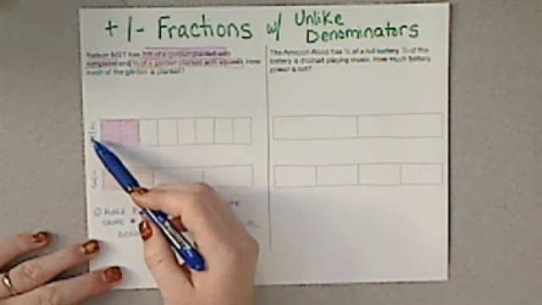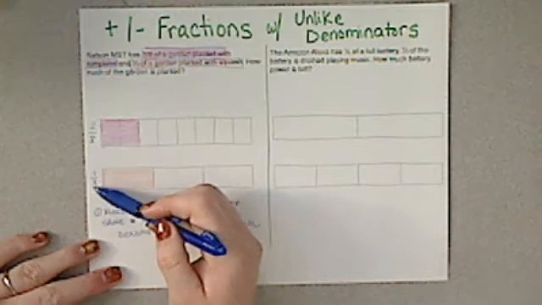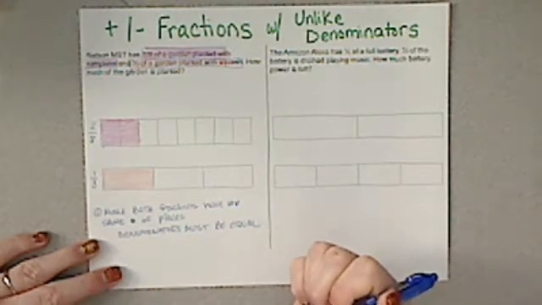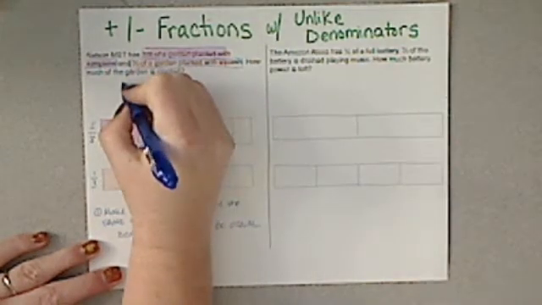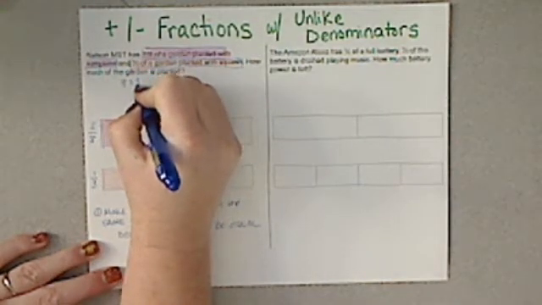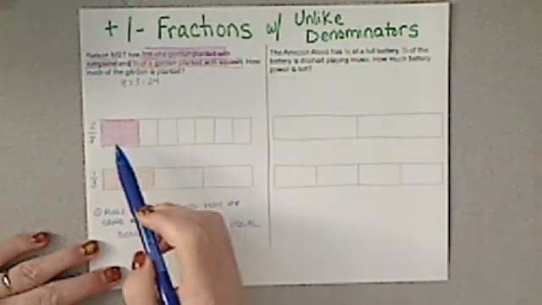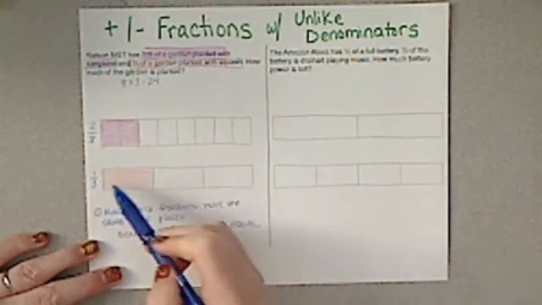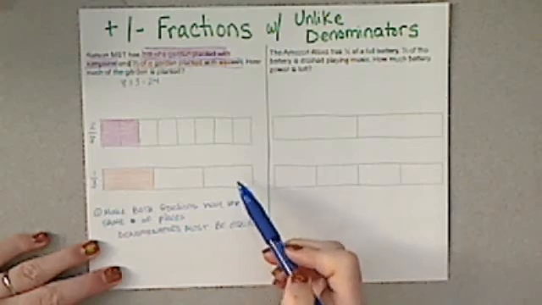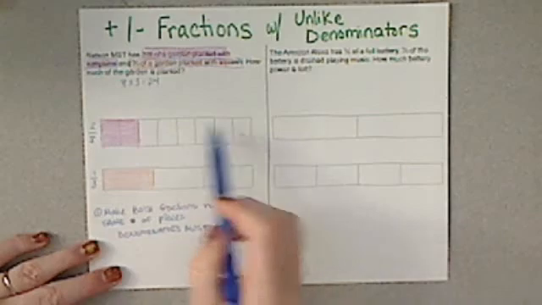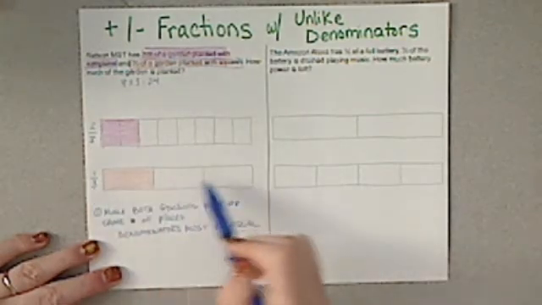Think to yourself for a moment, what is 8 times 3? 8 times 3 is 24. So for every piece of each fraction, we need to figure out how to break them into smaller pieces so that the entire bar equals 24.